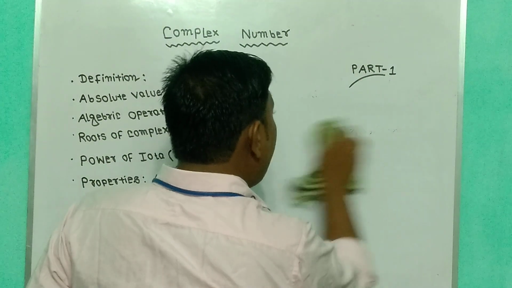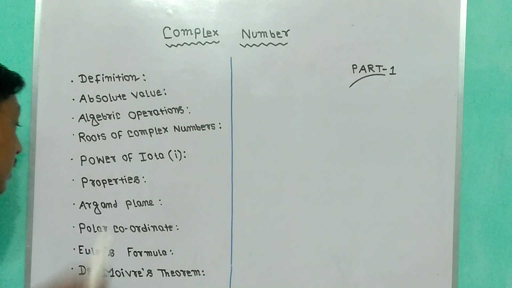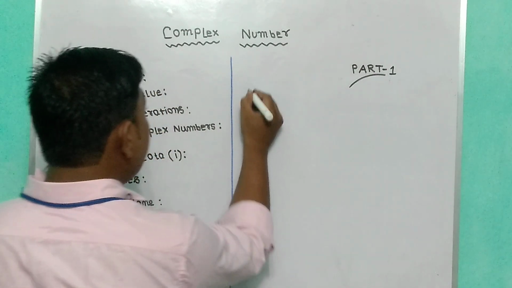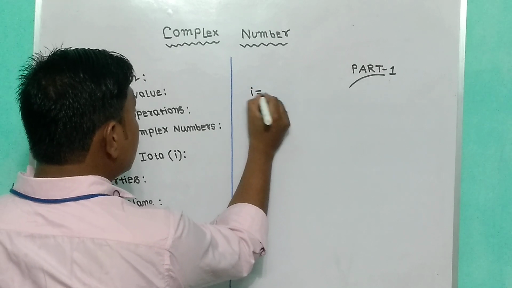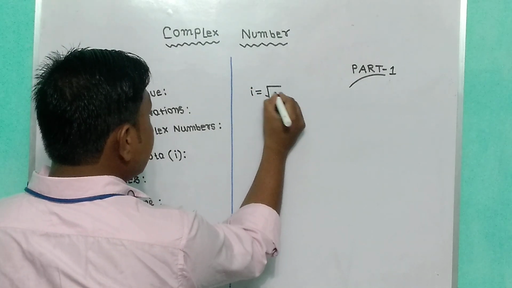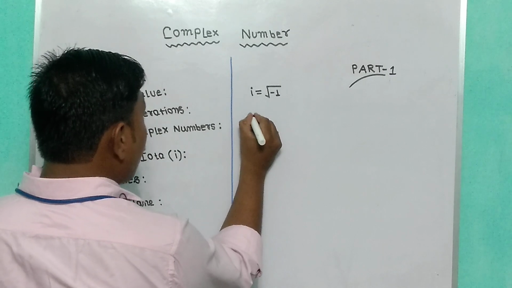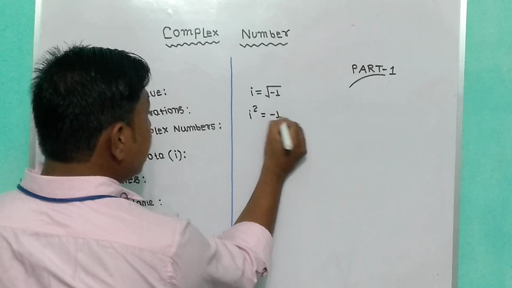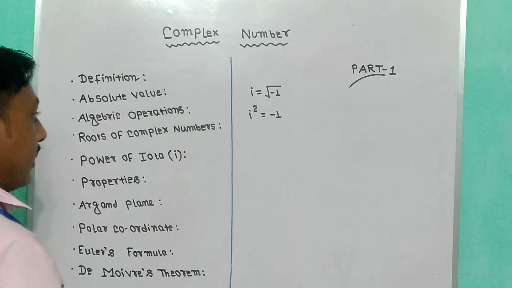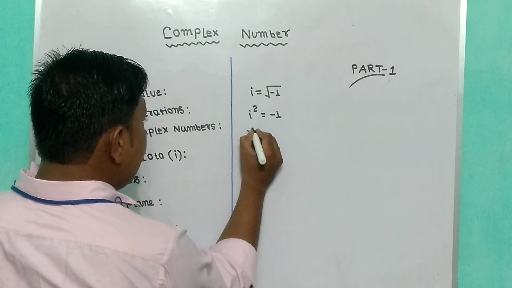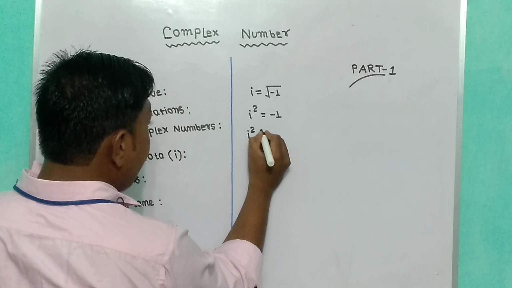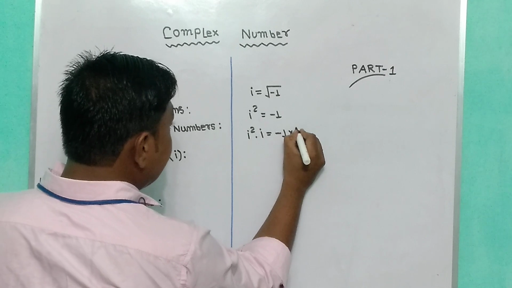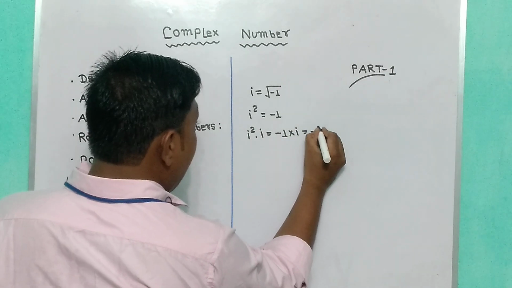Okay, now I am going to discuss power of iota. So power of iota means we all know that i equals root under minus 1. So if we square it, that means i square, we will get minus 1. Clear? Okay. So if you multiply i square into i, that means we will get minus 1 into i, that means minus i.